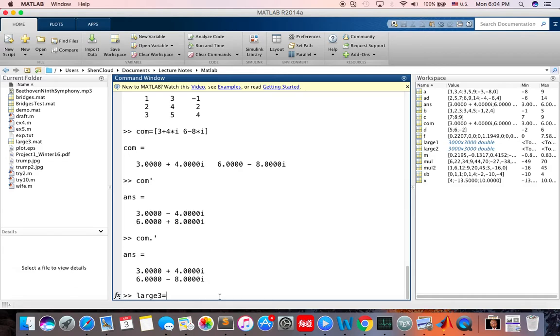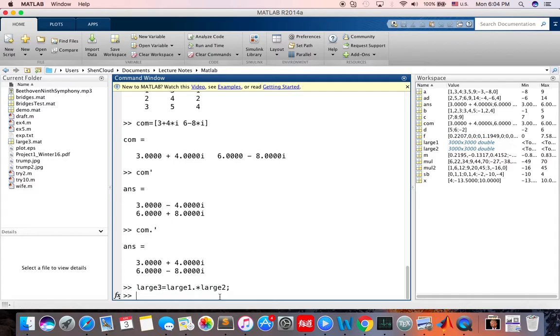So for example, large3 equals large1 dot multiplied by large2 here. So large1, large2 are both 3000 by 3000 matrices. So large3 is also 3000 by 3000.